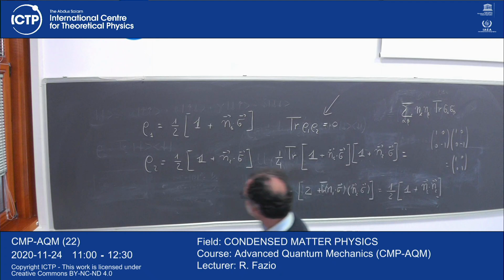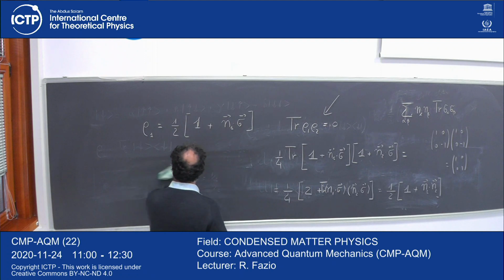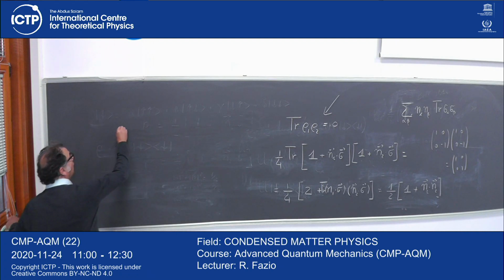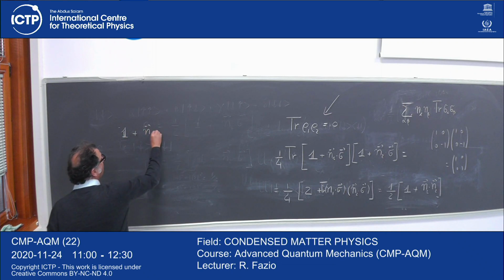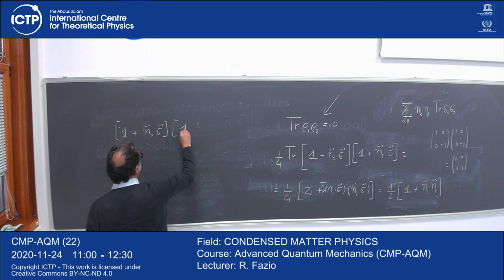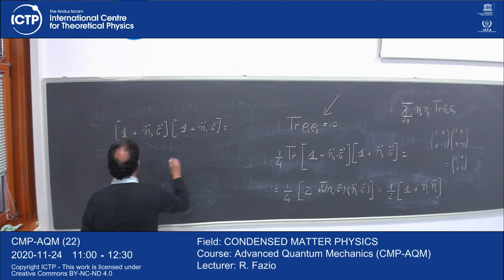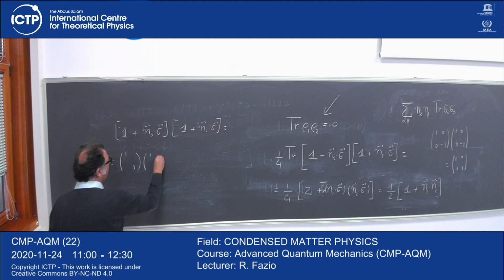So, shall we do it? Let me do it. Okay. So I have the identity plus n1 dot sigma times identity plus n2 dot sigma. This is equal to the identity times the identity. So this is 1, 1 times 1, 1.